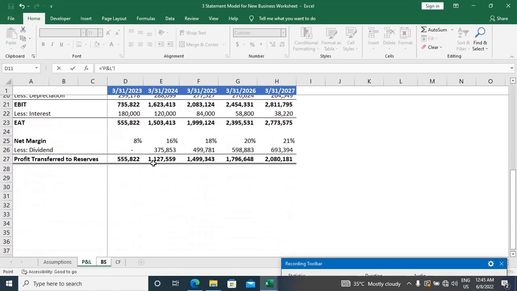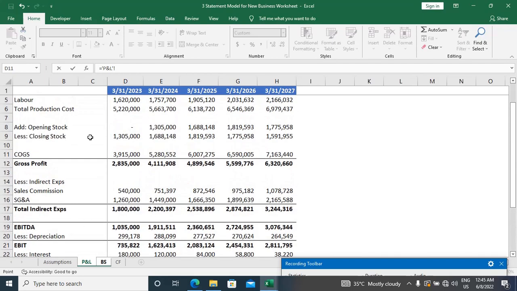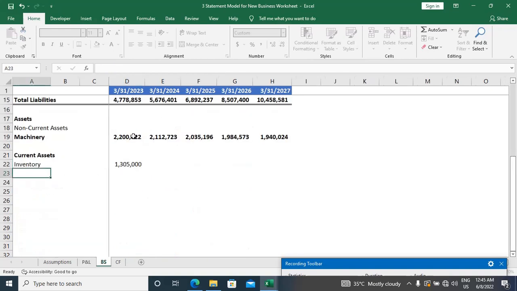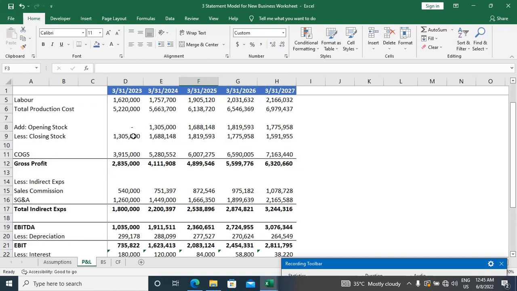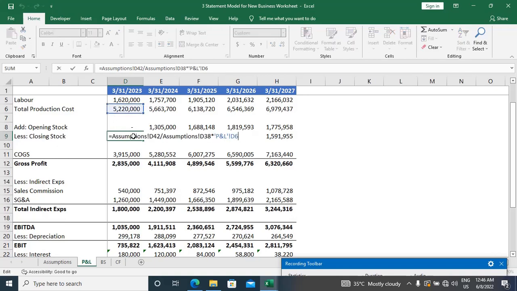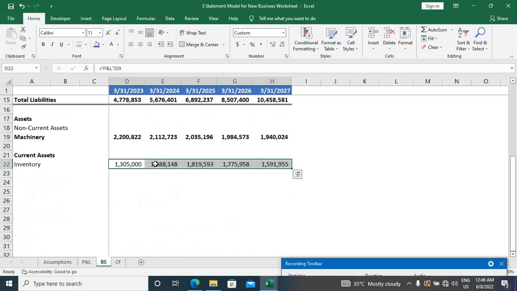So I'm going here in the profit and loss statement. Because we have this closing stock here, we need the closing inventory only. So I'm linking this inventory from this part because it was in value terms. So closing inventory, you can check how it was calculated. It is correct. So we have taken it from the profit and loss statement.